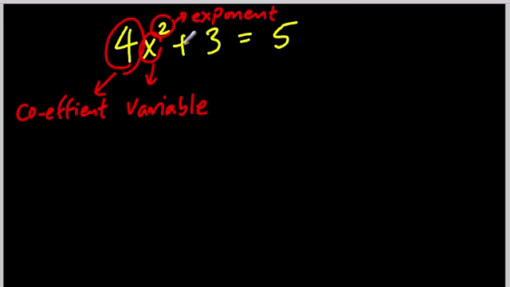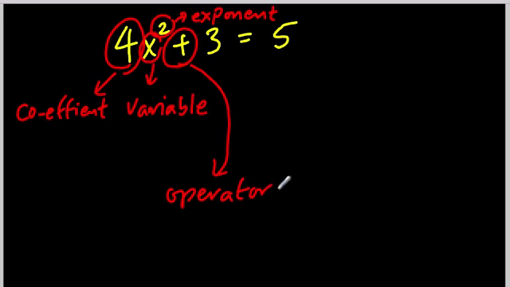This plus here that combines the 4x squared and the 3 is known as the operator. You already know some basic operators. For example, plus, minus, the division sign, or even multiplication; these are 4 basic operators that everyone should know. The 3 has no variable attached to it, and since it has no variable attached to it, it always stays the same.